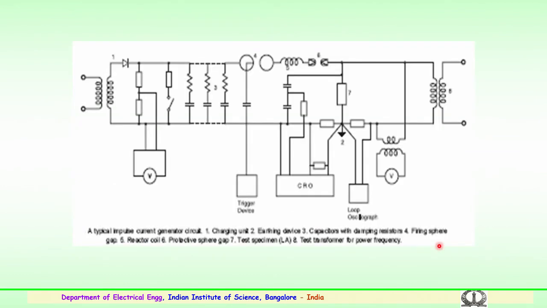This is one of the typical impulse current generators, where testing of an equipment, for example a lightning arrestor, is conducted involving field conditions, where you have an AC transformer and also the impulse current generator. This is a typical circuit used to test the equipment, which could be the lightning arrestor.